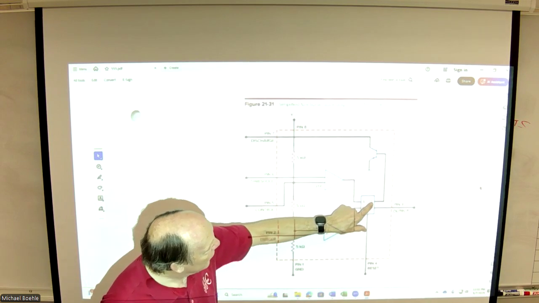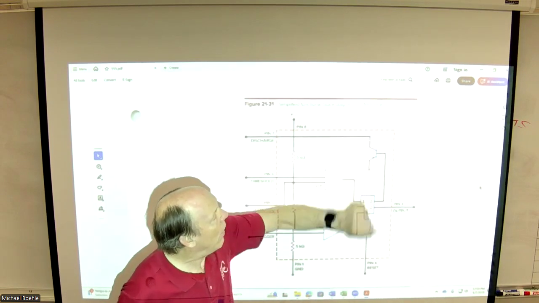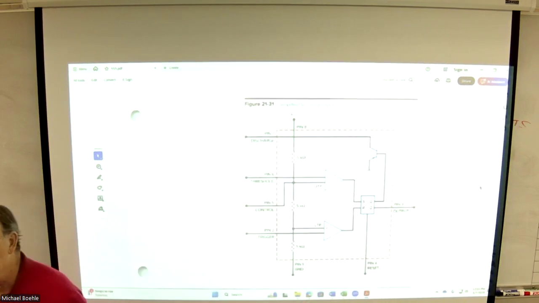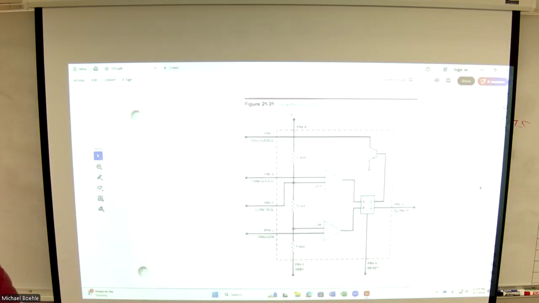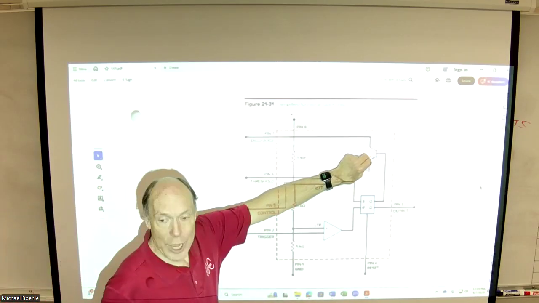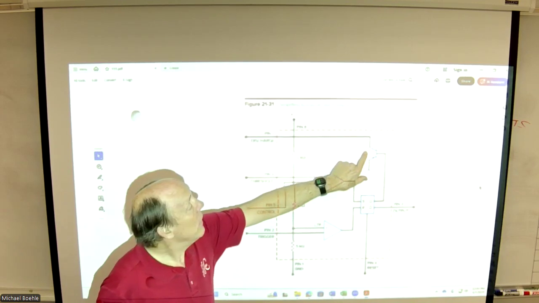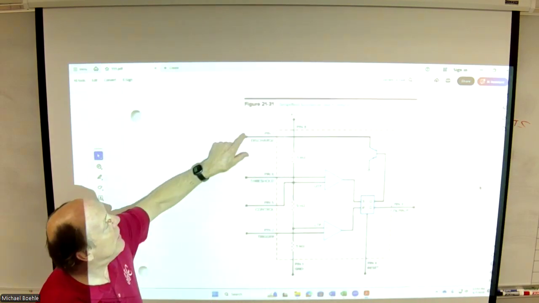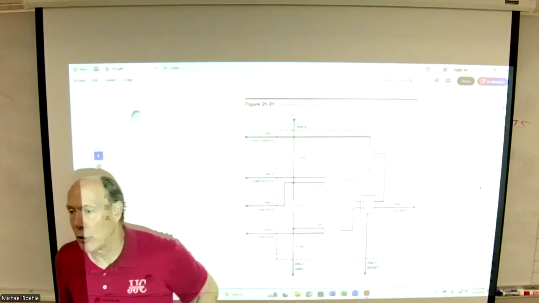Well, Q goes to the base of an NPN transistor. So what that is going to do is turn this transistor on and make pin 7 essentially connect to ground.